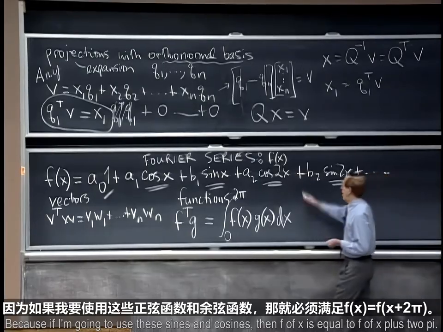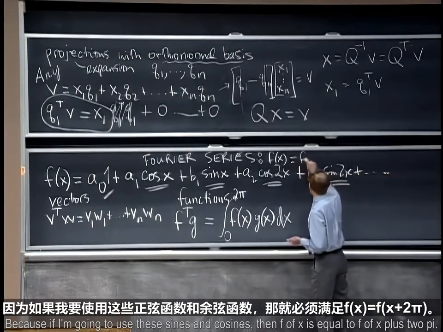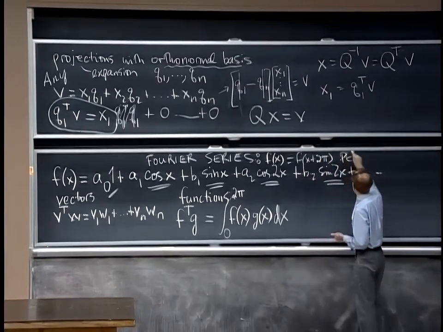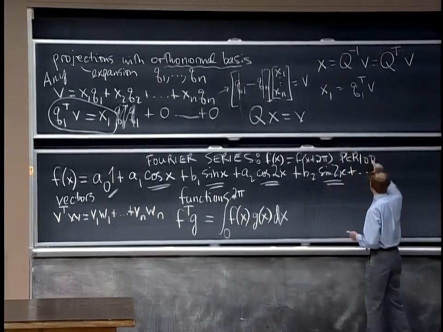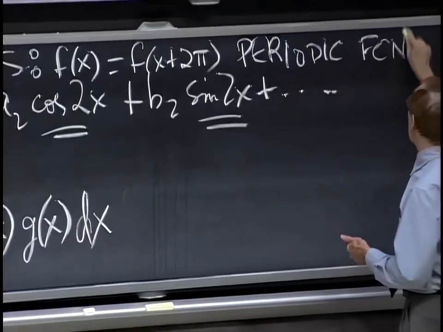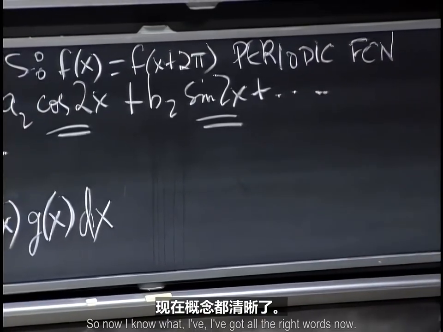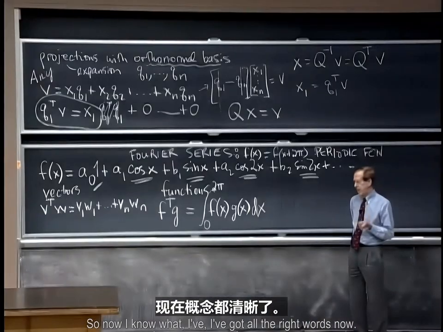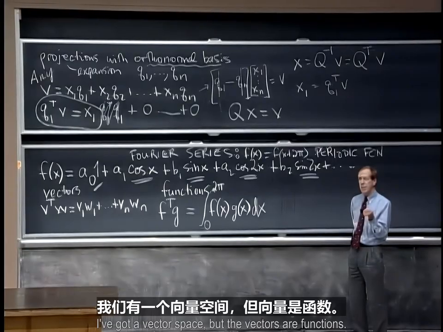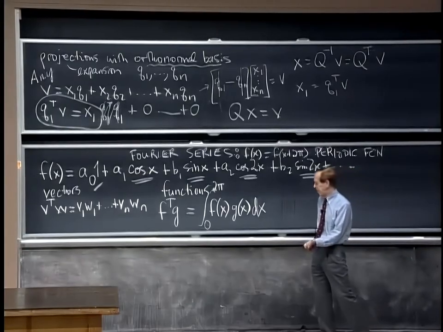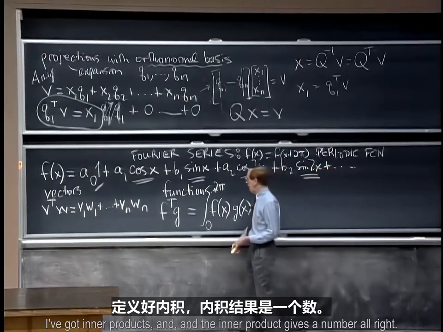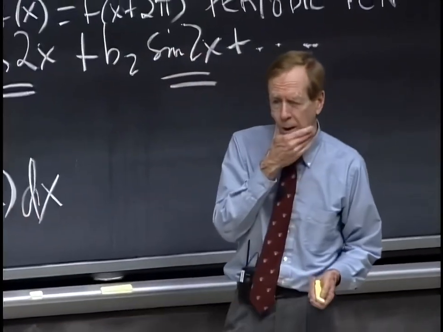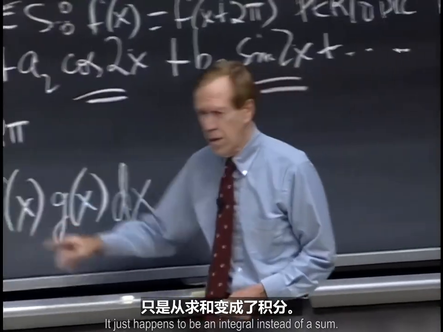Because if I'm going to use these sines and cosines, then f of x is equal to f of x plus 2 pi. This is periodic. Periodic functions. Okay. So now I've got all the right words. I've got a vector space, but the vectors are functions. I've got inner products, and the inner product gives a number.